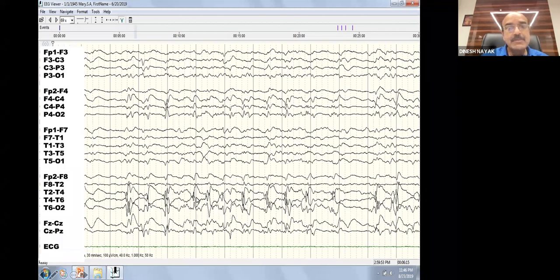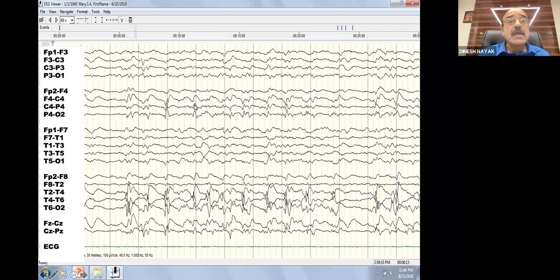And then you see a spike and a second spike and a wave. The interspike interval is pretty short, and there is a little bit of fast activity overriding the sharp wave. And when you see that, it is likely to produce a seizure.